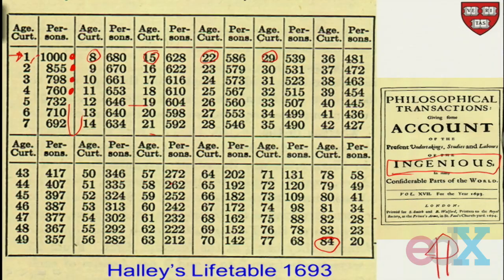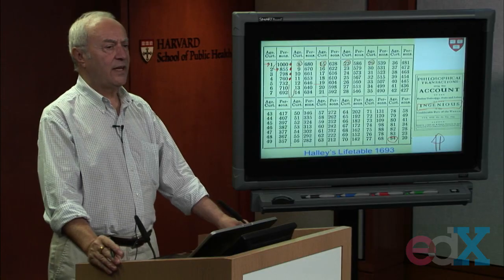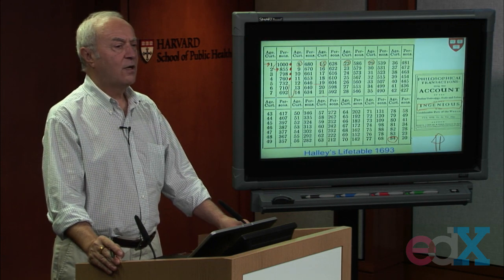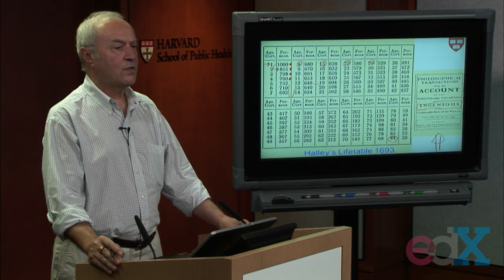But getting back to this, what he noticed and what was really ingenious about this is how did he go from 1,000 to 855. What he did was he said, what percentage of those 1,000 die? That's how we get the 855. What percentage of kids die in the first year of life?